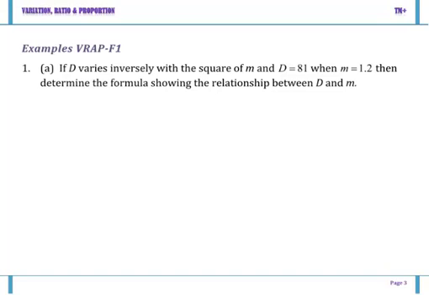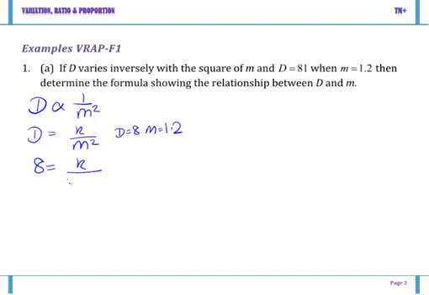So let's look at an example. If d varies inversely with the square of m, so d is proportional to 1 over m squared, so d equals k over m squared. So it says when d equals 8, m equals 1.2, so I can plug that in. So 8 equals k over 1.2 all squared.